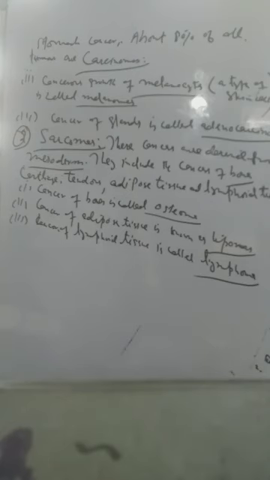Hodgkin's disease is an example of lymphoma. There is an enlargement and increased production of lymphocytes by lymph nodes and spleen.